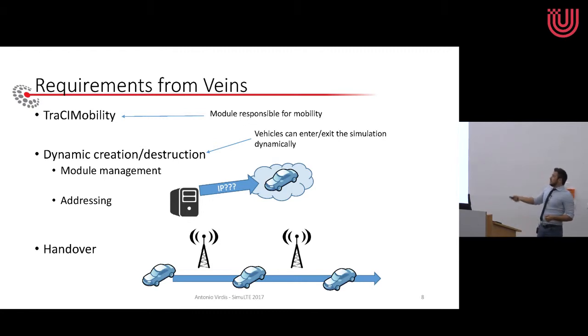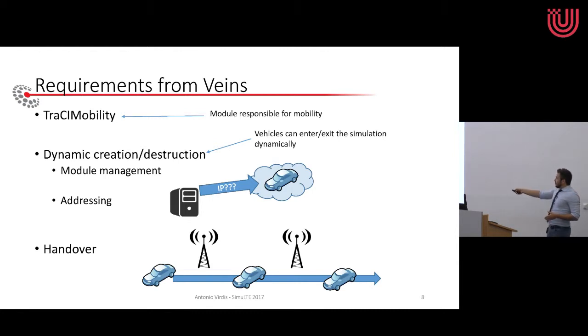We need the means by which we can dynamically create and destroy modules within the simulator, because, as I was asking Benjamin before, we might have a constrained space and we just decide to have a snapshot of what happens in that space. So we are looking at the cars entering, which will be created, and we stop looking at cars that are exiting this space, so we are going to destroy them.